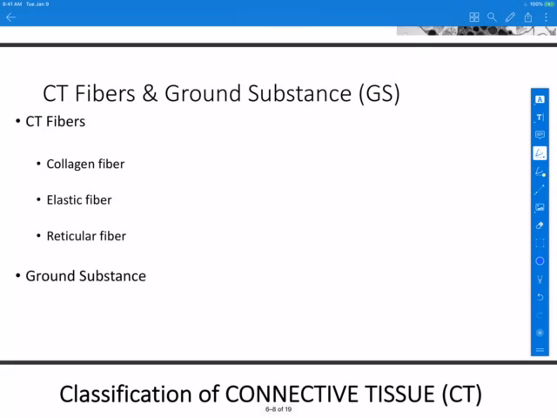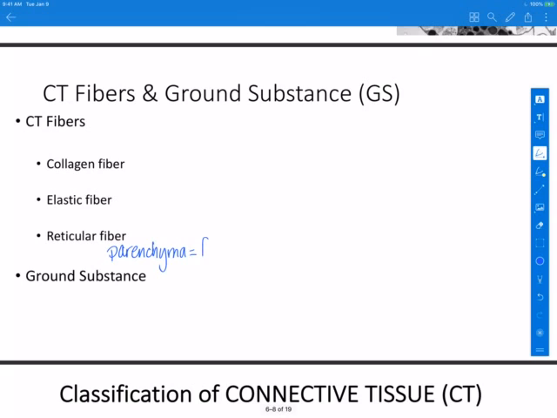They're very thin, and they create a branching fiber that provides the structural support for parenchyma. Okay, what is parenchyma? I should probably write that down. Parenchyma. So reticular fibers provide the support for parenchyma.